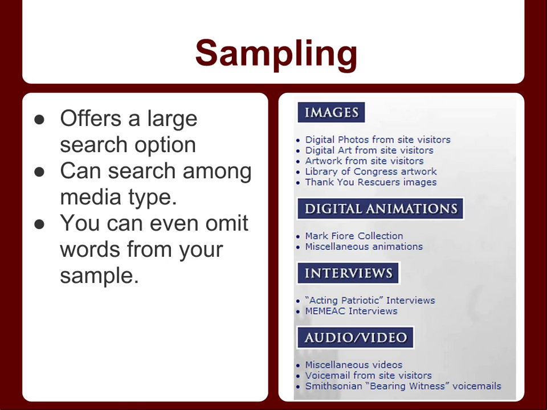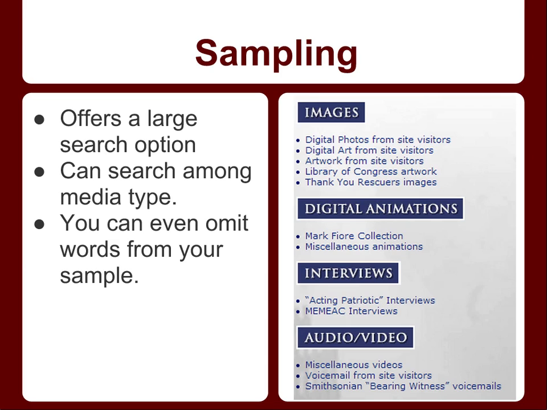For sampling, the site offers a large search option, and much like the referring, you can search by any media type that you'd want. So if you're looking for art, photos, digital animations, or even audio clips, those are all available on the archive.